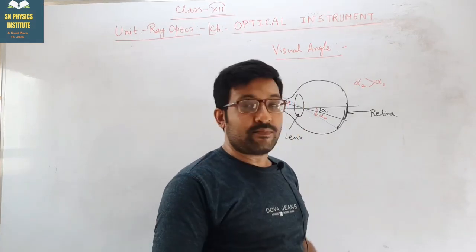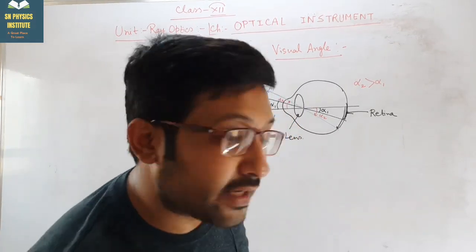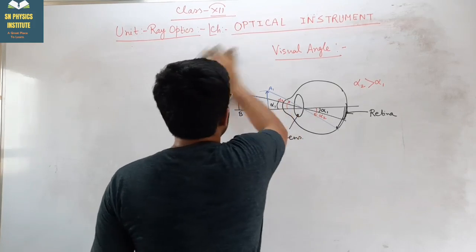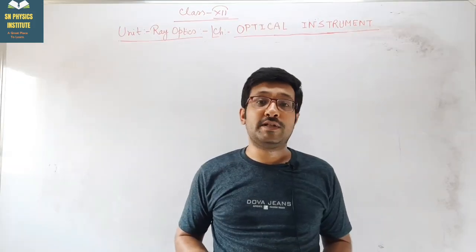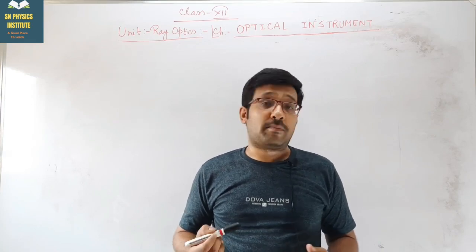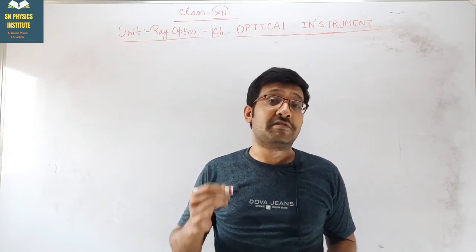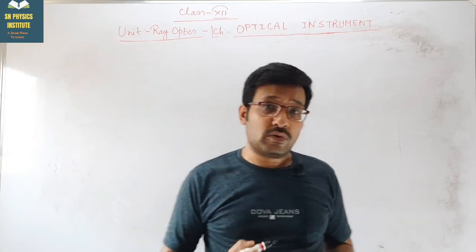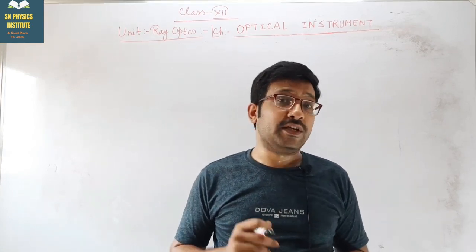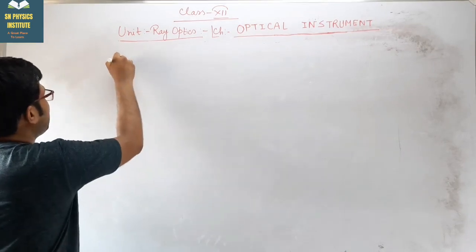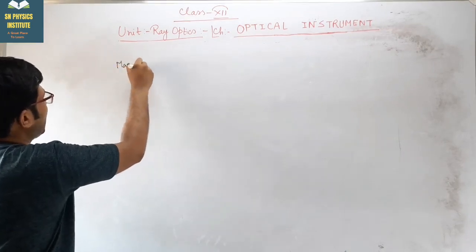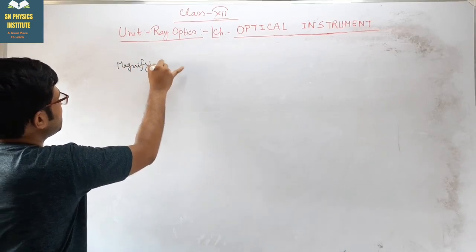Now next we have to understand what magnifying power is. The purpose of a telescope and microscope is to increase the visual angle, so its power is measured by magnifying power.